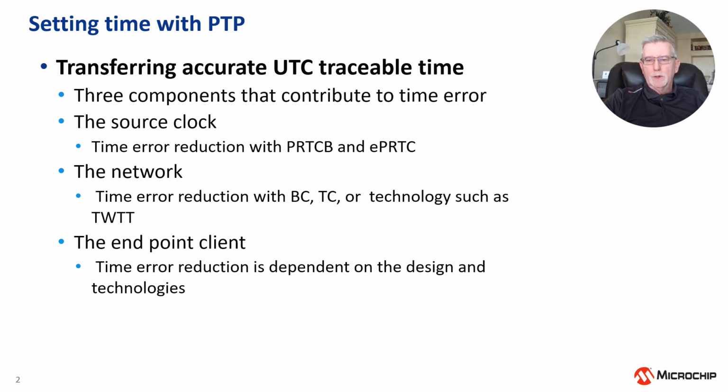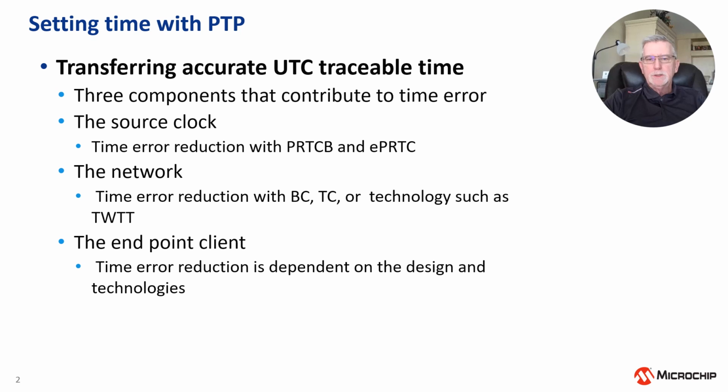In the telecom world, with ITU standards, we have the concept of a primary reference time clock that tracks within 100 nanoseconds to UTC traceable time. We can also go up the ladder a little bit for higher accuracy with the PRTC using what's called a PRTC-B, which tracks even closer to UTC time within 40 nanoseconds.